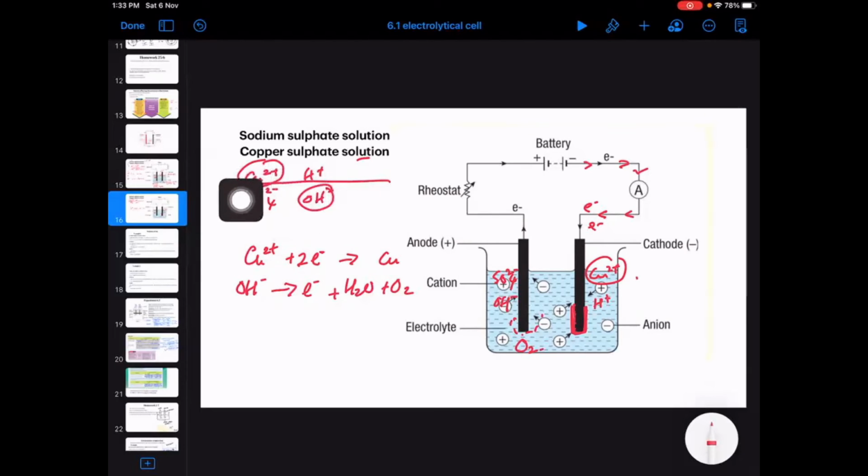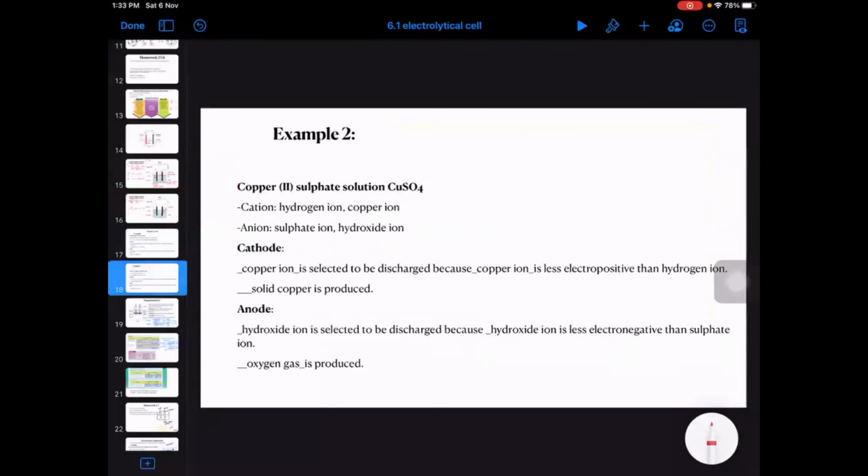Copper ion and hydrogen ion are positive ions, so they will move to the negative cathode, so they are called cations. Negative ions will move to the anode, so they are called anions, right? So first you explain the cations are hydrogen ion and copper ion, and the anions are sulfate ion and hydroxide ion.